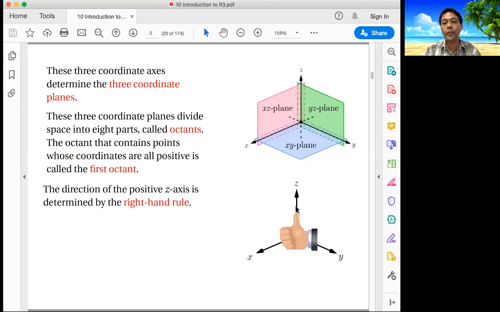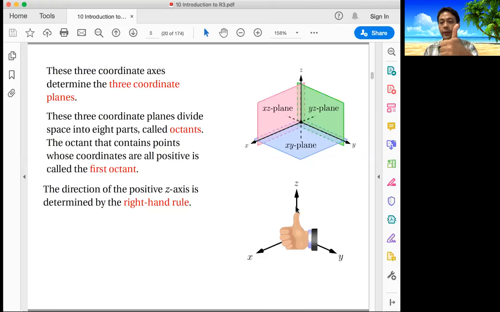We also follow what is called the right hand rule. If you have your right hand, in this case it's my left. The right hand rule is: the positive z-axis corresponds to the thumb, your fingers point in the direction of the x-axis, and the part of your arm is your y-axis.